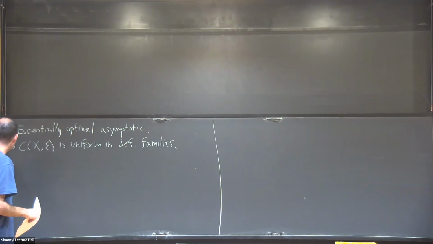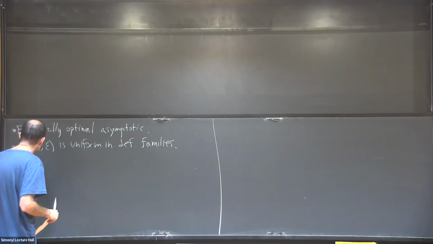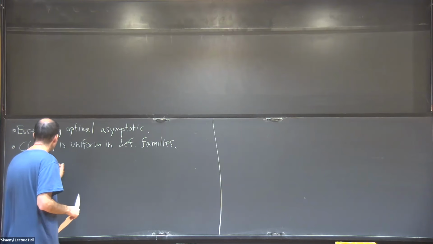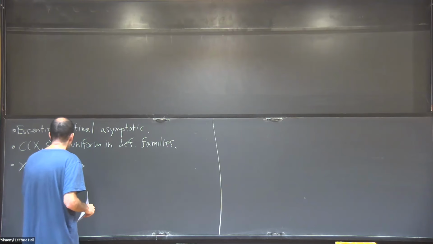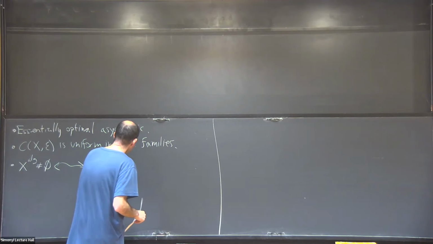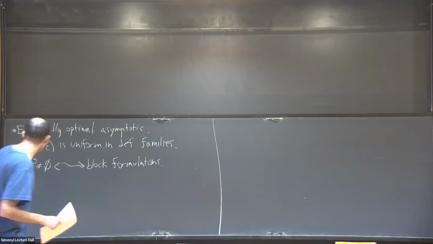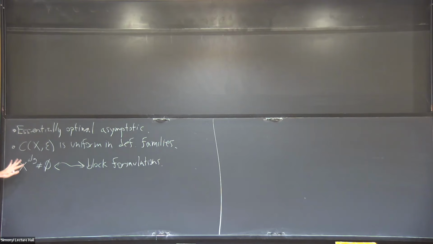Okay, and I also wanted to quickly mention that when the algebraic part of X is not empty, there is something called the block formulation. It's a little bit more technical. I don't want to give the details, but you can encounter this reading the literature. Basically, if we have no algebraic curves in our set, then we can just count everything. If we have algebraic curves, then what we can say is that all the rational points are going to lie in a union of very few algebraic curves.